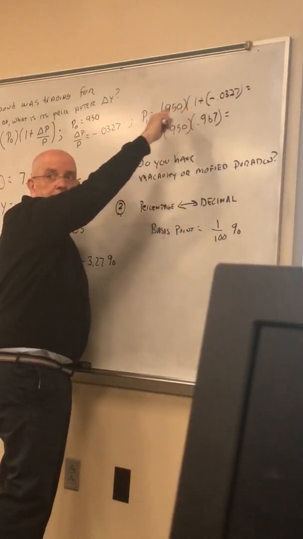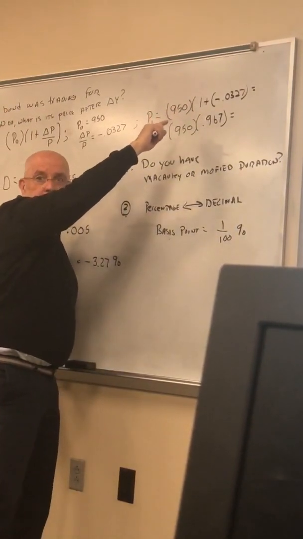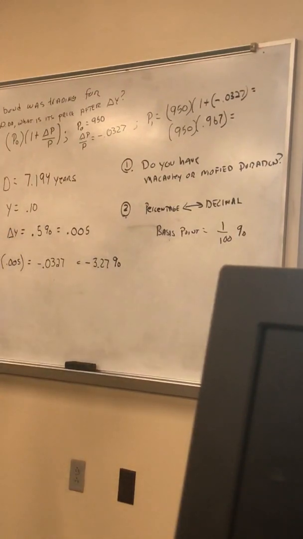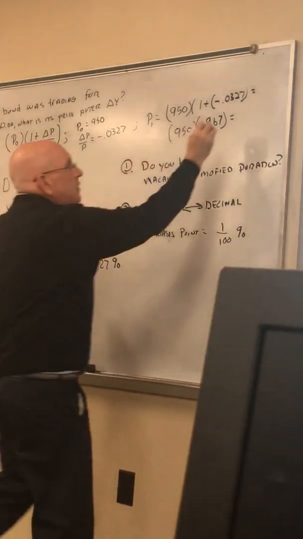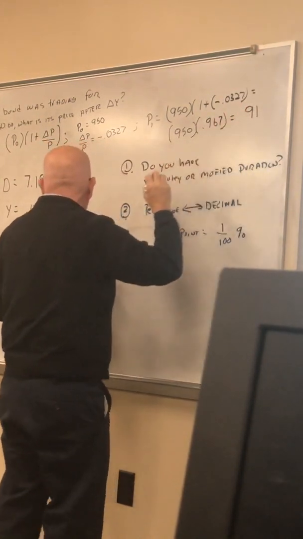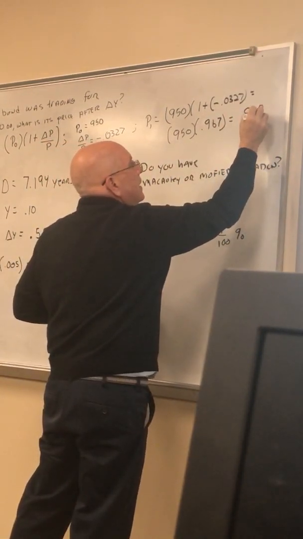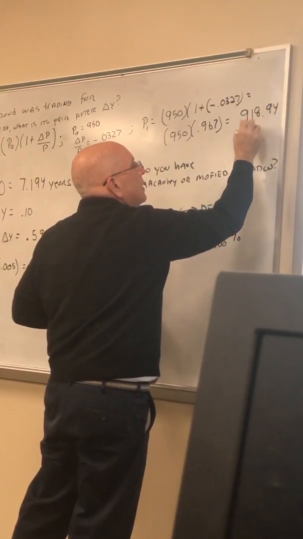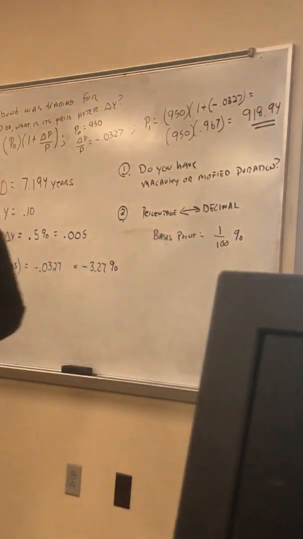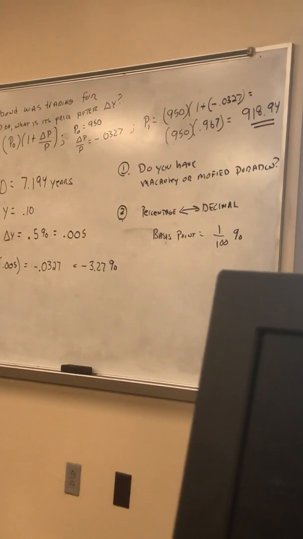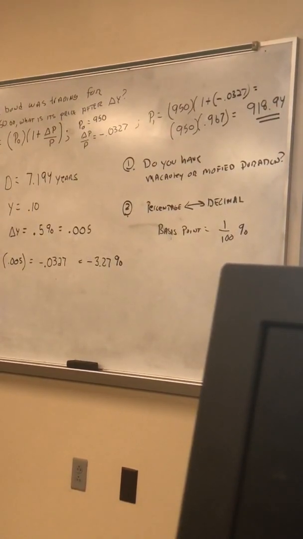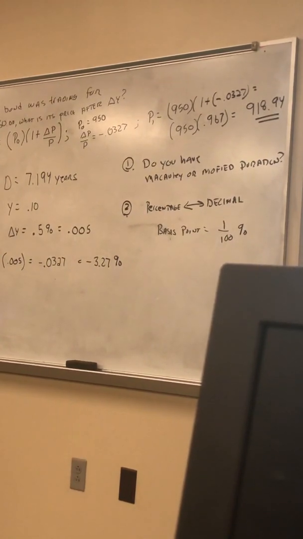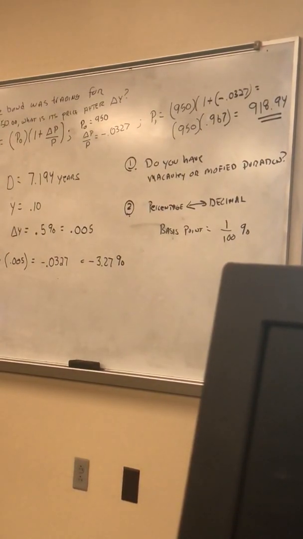See, I just evaluated what was inside that parenthesis first and put it here, times the old price of the bond, and that gives me the new price of the bond, $918.94. And usually what I do to signal that I've gotten my final answer is I put 2 lines underneath it. That tells me that that's the final answer.